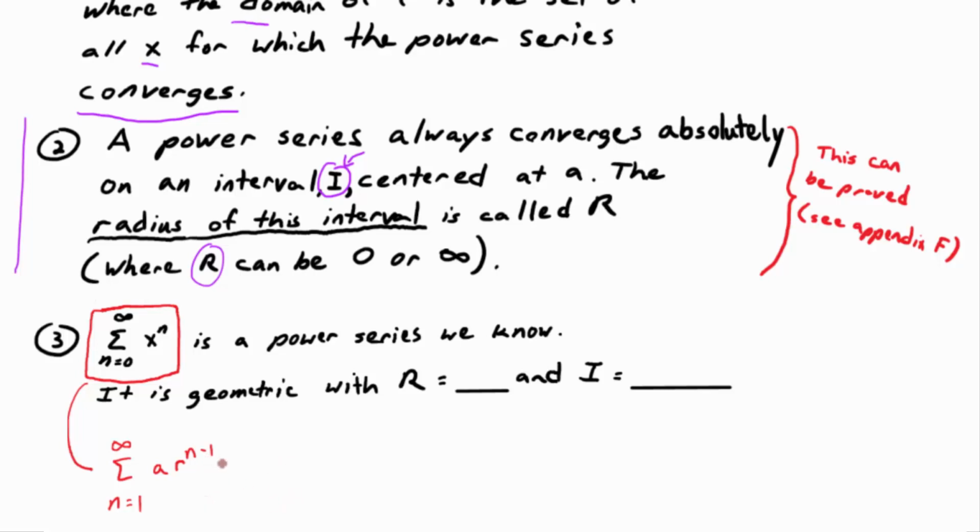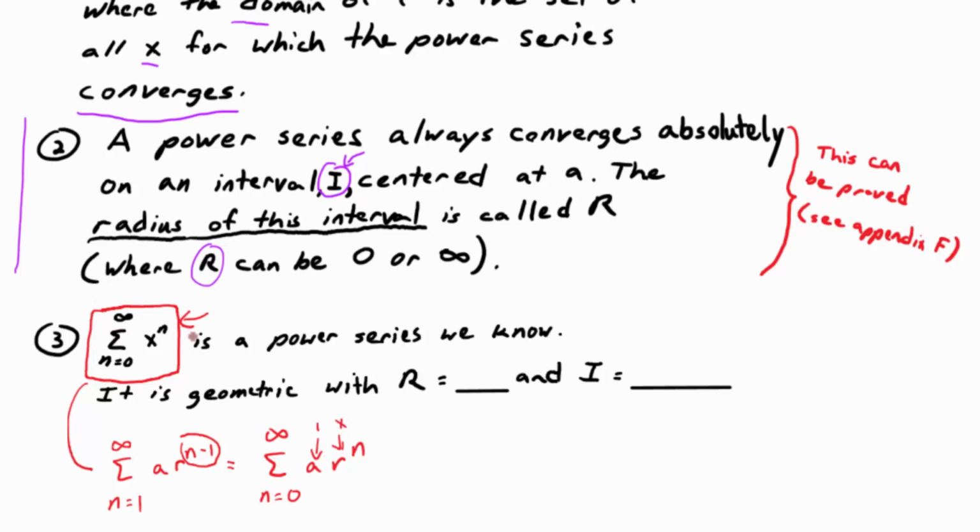And instead of starting the series at 1, we start at 0. But then what happens to this exponent? We have to go down by 1, so instead of n minus 1, it becomes n. And so you replace a with 1 and r with x, and you get exactly that version of what we're calling a power series. So that's a power series we know.